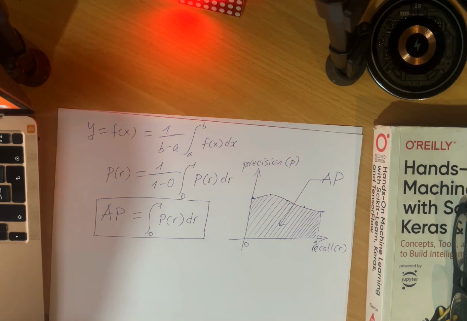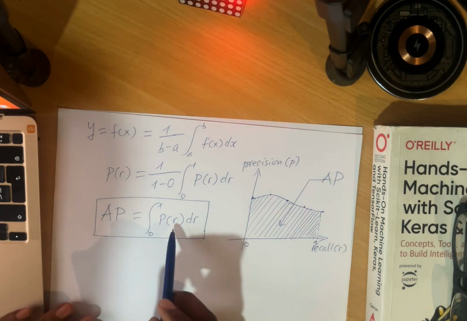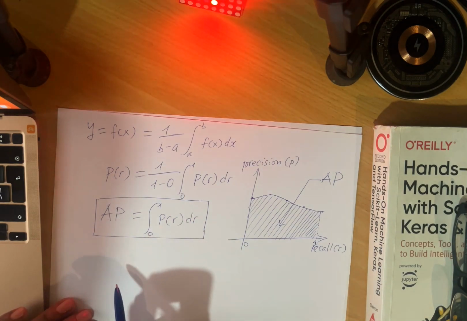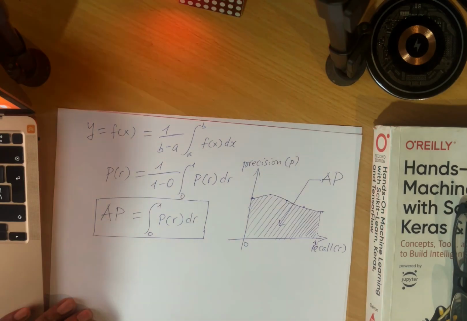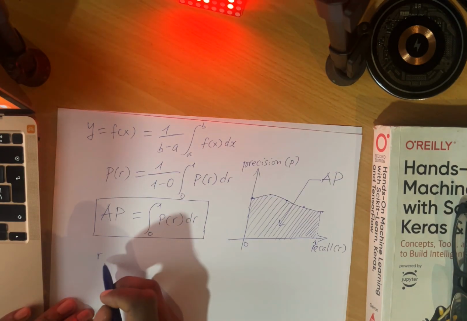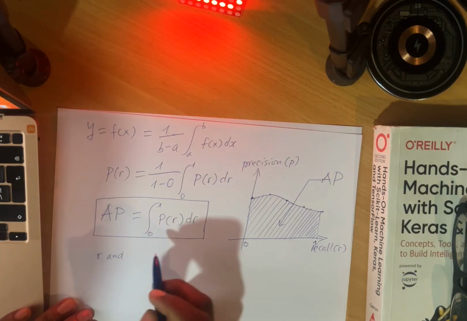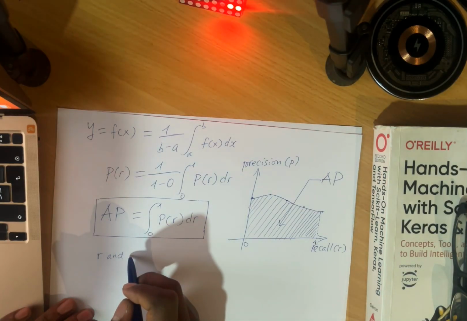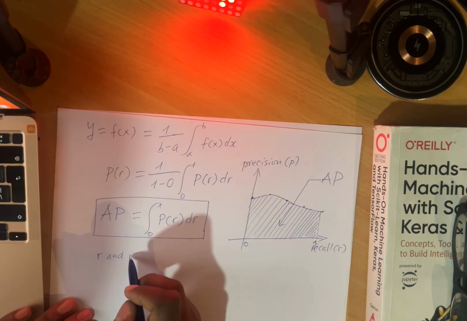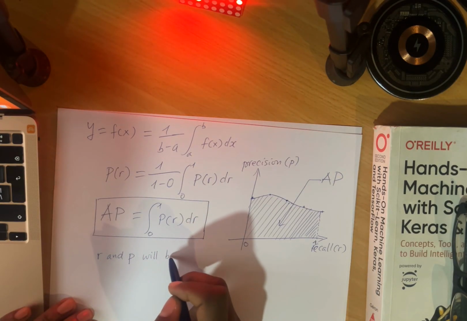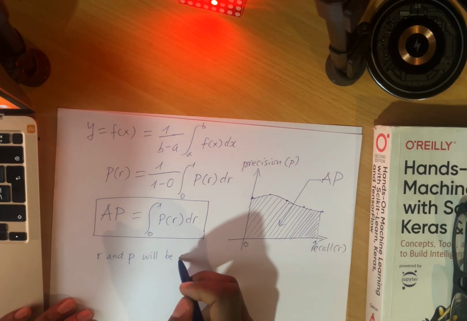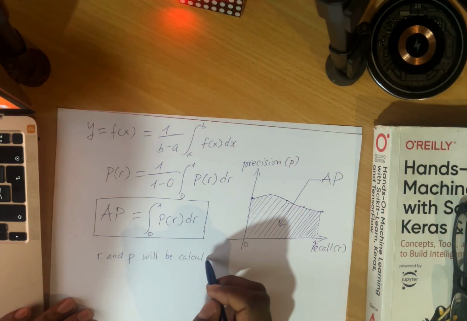As you remember, the model will provide a recall. The model itself will calculate recall. It's its job. And P will be calculated.